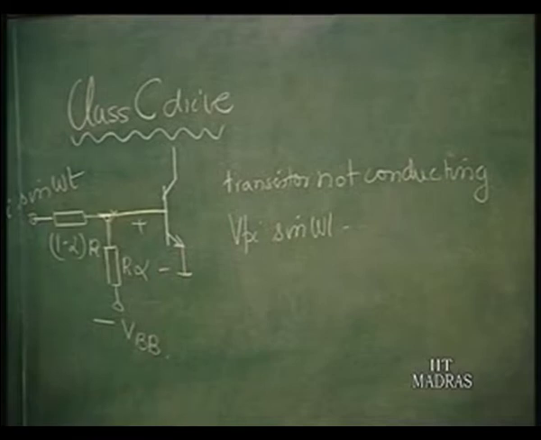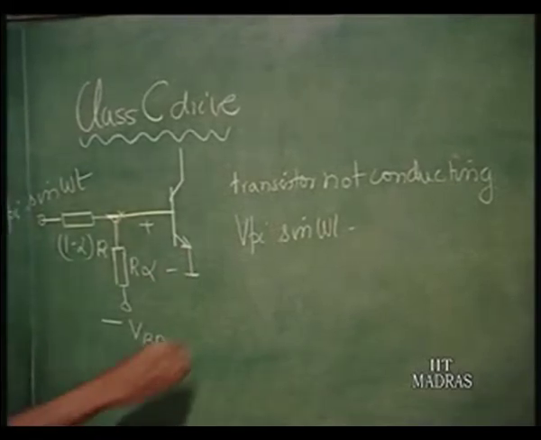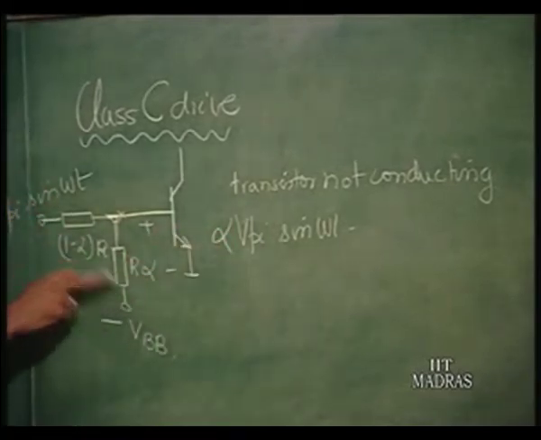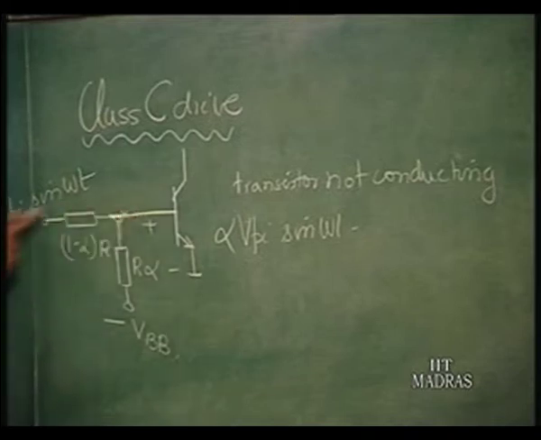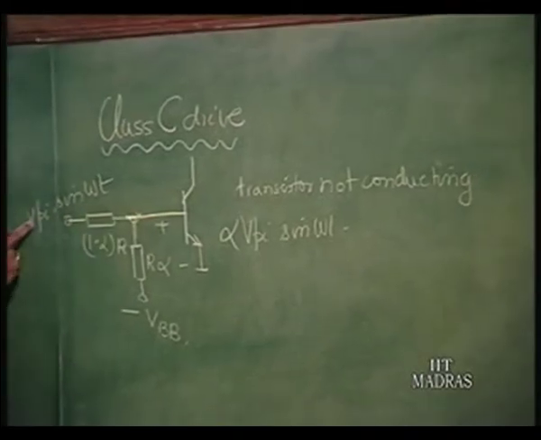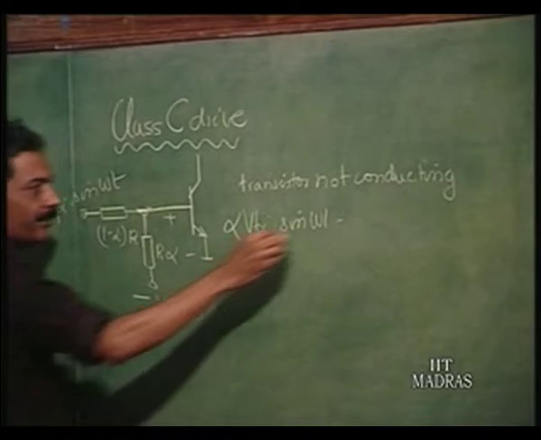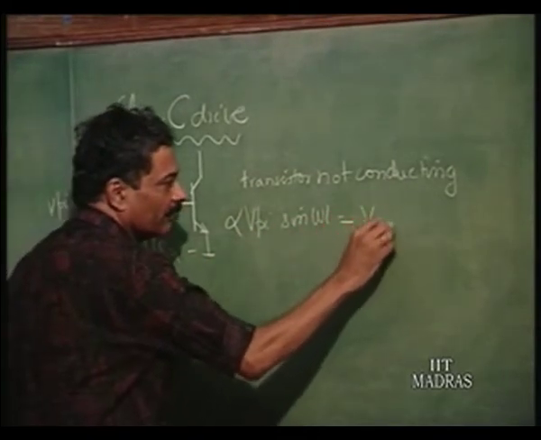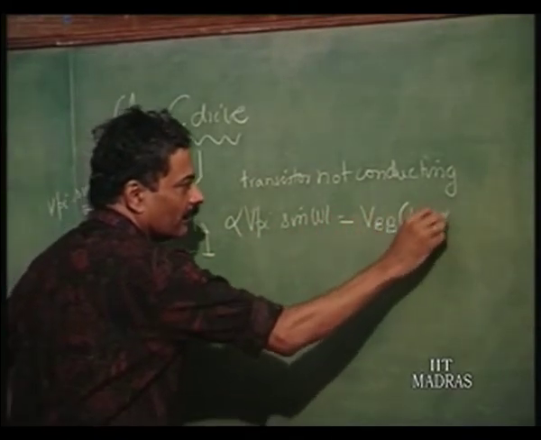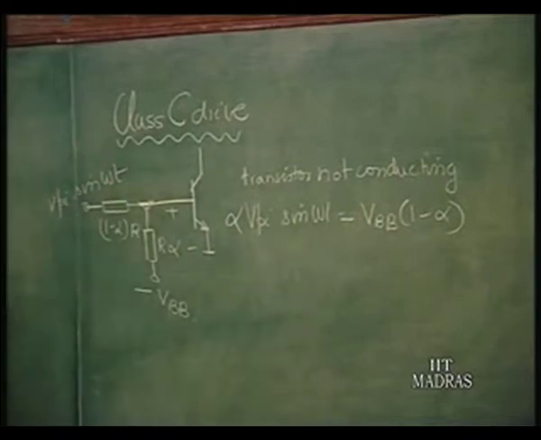then Vpi sin omega t into alpha, that is the contribution due to Vpi sin omega t signal, and contribution due to Vbb is minus Vbb into 1 minus alpha. This is the resistive attenuator.